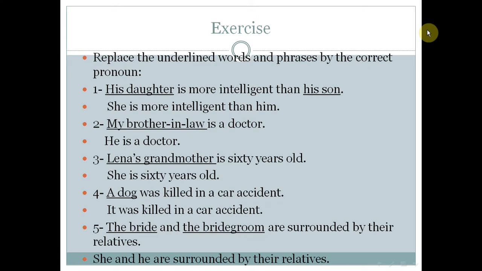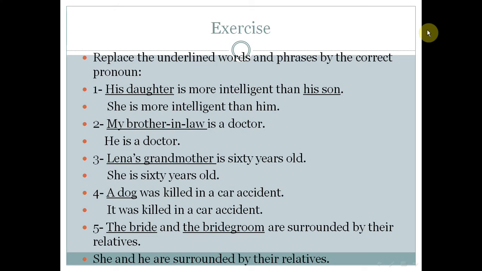Lena's grandmother is feminine, so it should be replaced by the pronoun she. She is 60 years old.